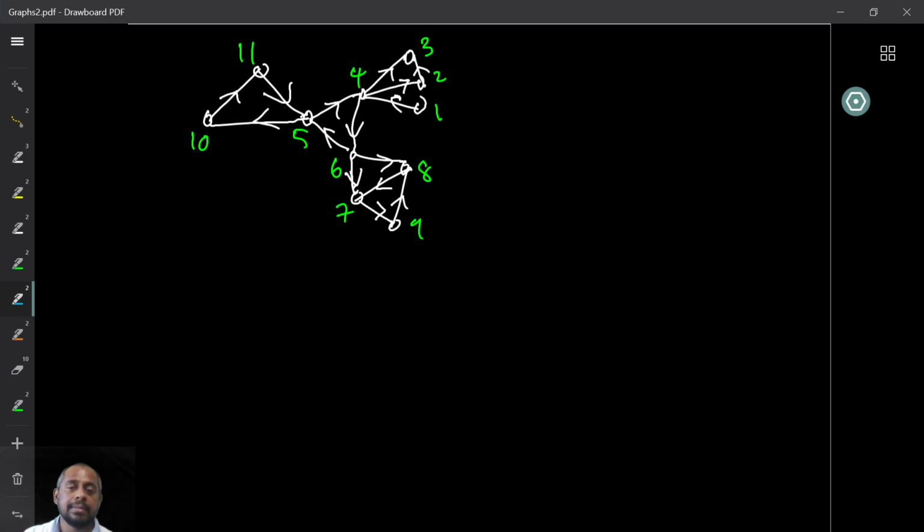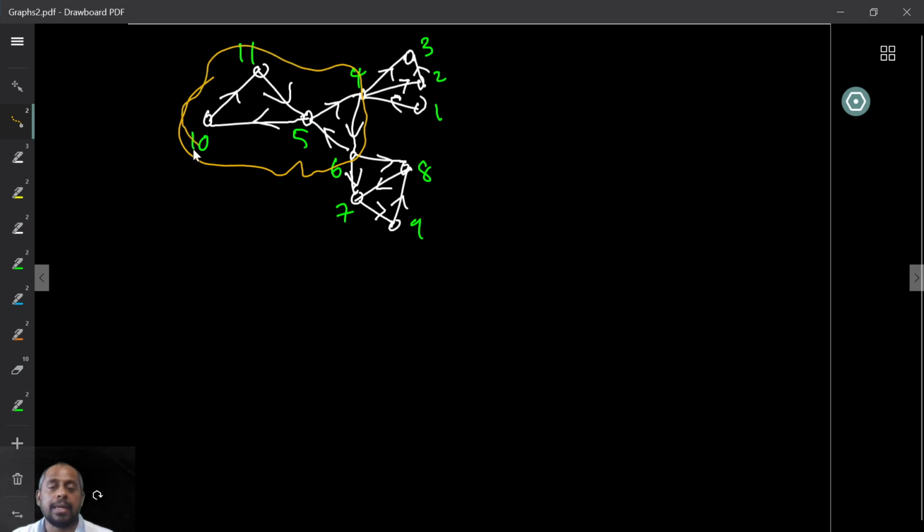So what are the equivalence classes under this? You can verify that the subgraph including 10, 5, then 6, 4, and 11, right? This forms a strongly connected component, and it is a maximal strongly connected subgraph. Therefore, it's actually a component.